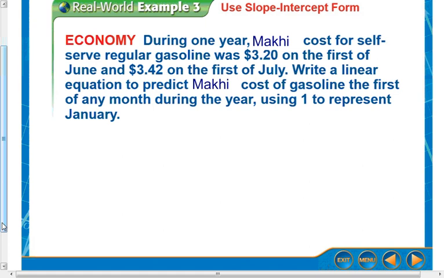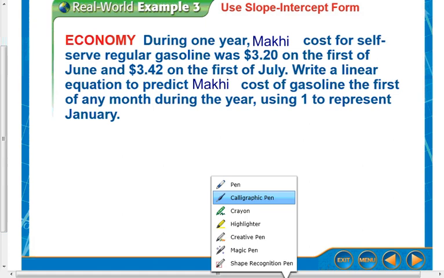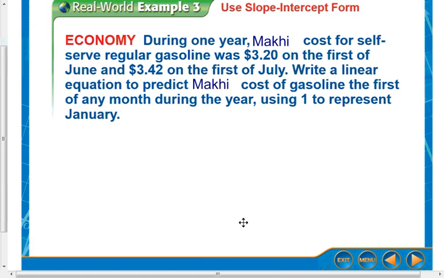Okay. So, let's see. I think the first thing when we read it, we always want to say what's important. And I'm looking at $3.20 for the 1st of June. That's important.